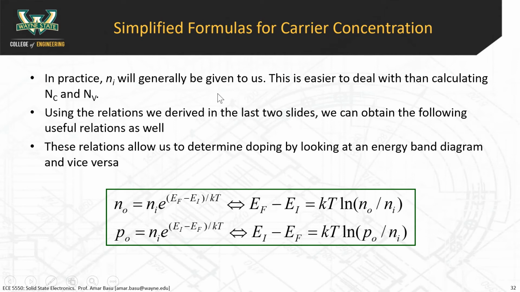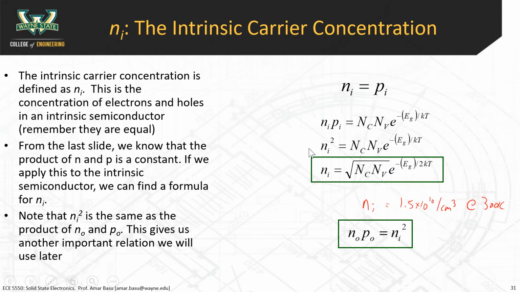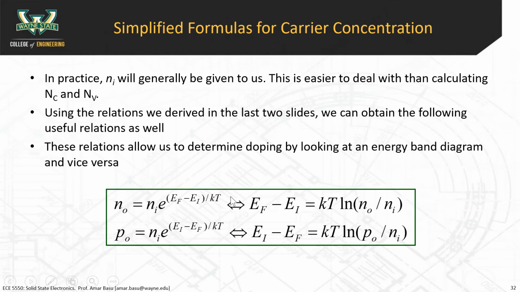Generally, for simple problems, you don't use NC and NV. It's easier to just deal with Ni. If we start with the relations on the previous two slides, it's trivial to derive this N0 formula and P0 formula. So this formula gives you the electron and hole concentration as a function of the location of the Fermi level.